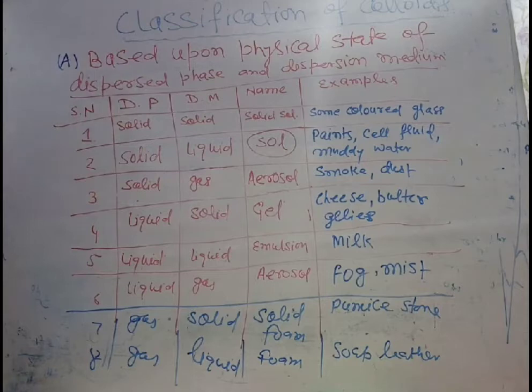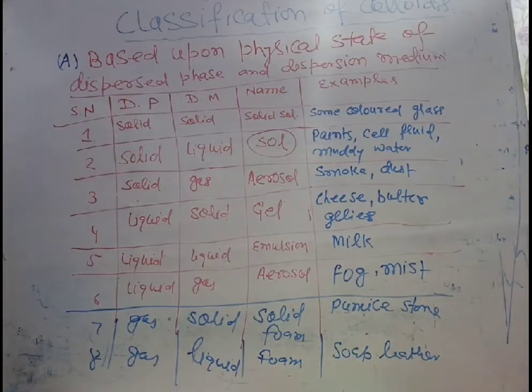Okay, so dispersed phase means the substance distributed in dispersion medium in the form of colloidal particles, and the dispersion medium means the medium in which the substance is dispersed in the form of colloidal particles. Okay, and the colloidal system are also known as simply colloids, right?